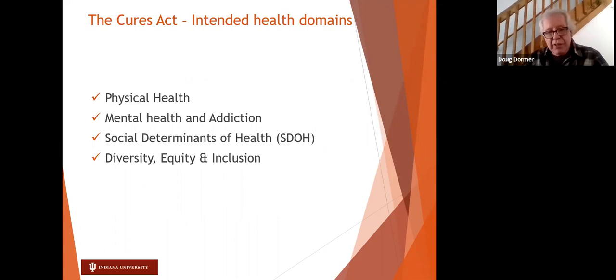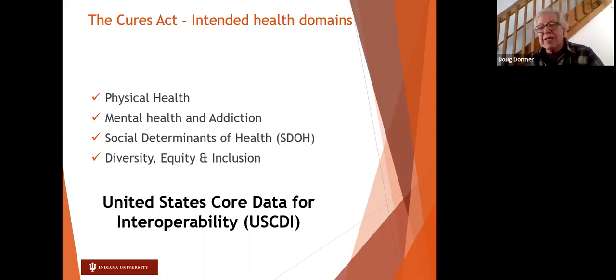Well, each of which, particularly the last two, really all of them, all provide opportunities for consumer health informatics. And underneath this, let me introduce now the United States Core Data for Interoperability, or USCDI.